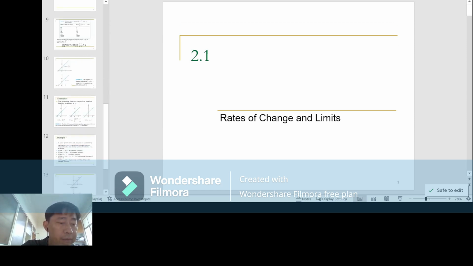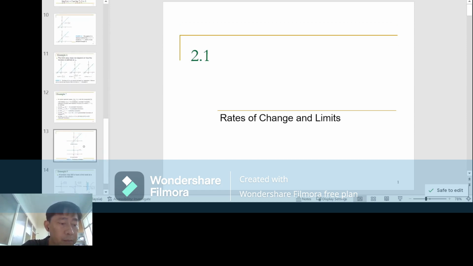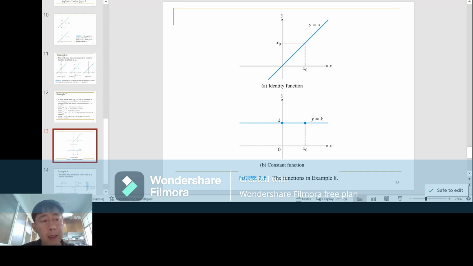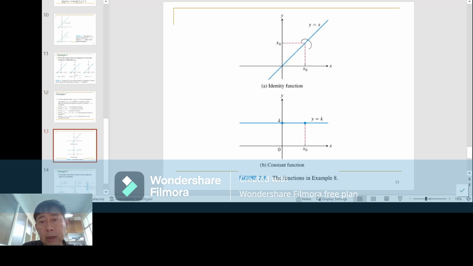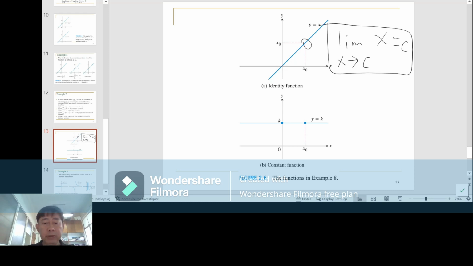For the function y equals x, the limit of the function x when x tends towards any point c is just equal to c. So this is a very straightforward result.